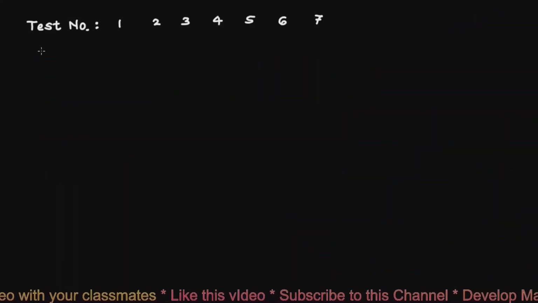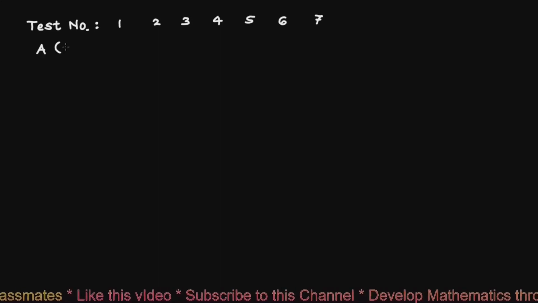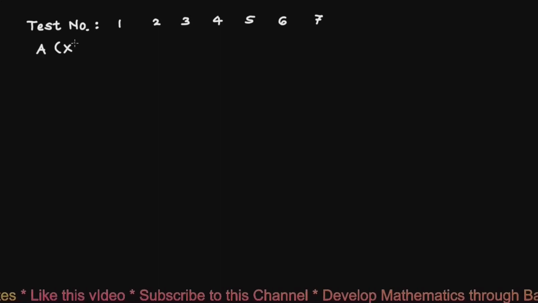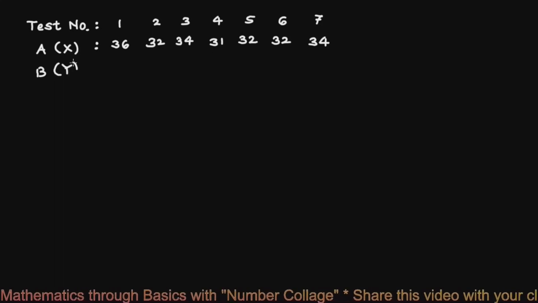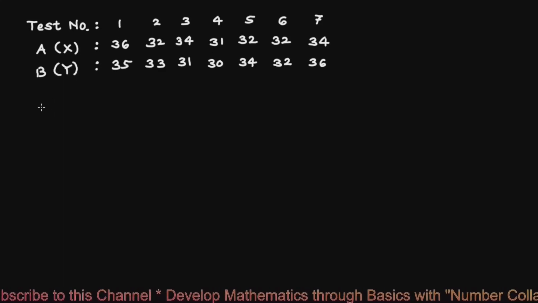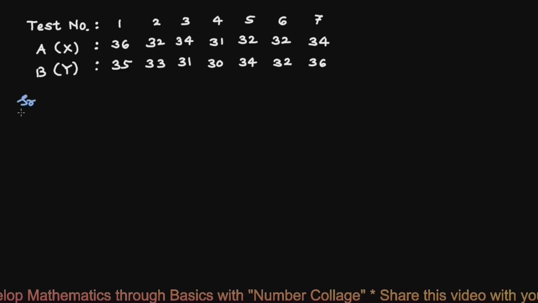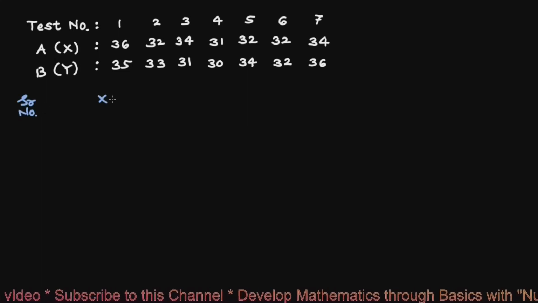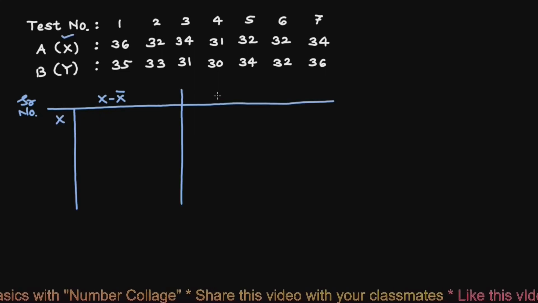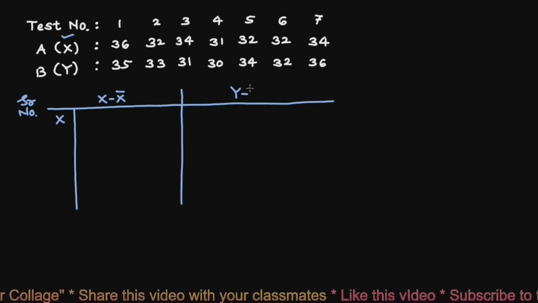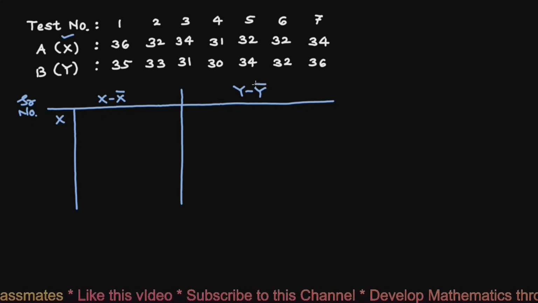Let us rewrite the data. Test number, marks obtained by A, which we represent by x, marks obtained by B, which we represent by y. We will prepare a new table for this new method. Serial number, deviation of x. Here we will write first the values of x, then for the column of y minus y bar.